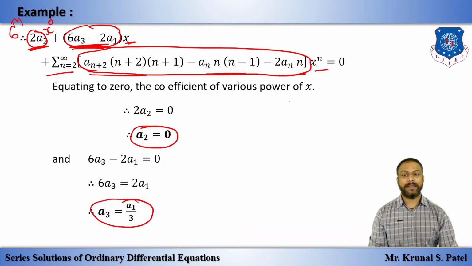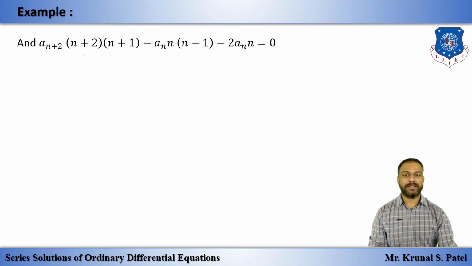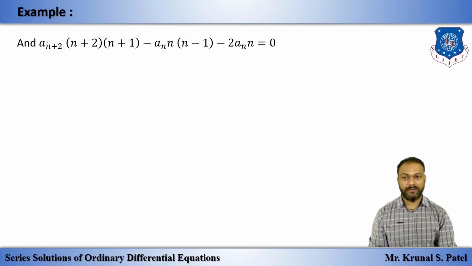And the third one is equating to 0: a n plus 2 into n plus 2 into n plus 1 minus a n minus 1 minus 2 a n. So this is equal to 0. Here also we will make the larger suffix coefficient the subject, so we have a n plus 2 greater than an. So we'll take the 2 to the right hand side.